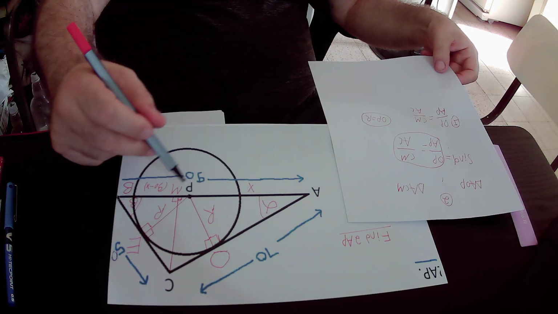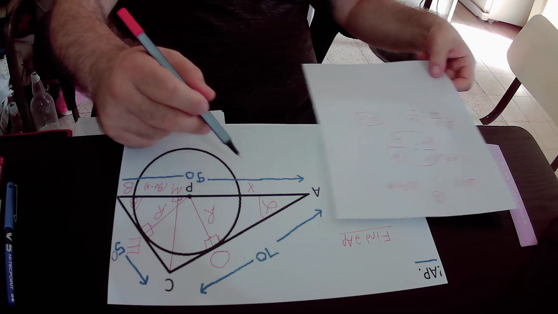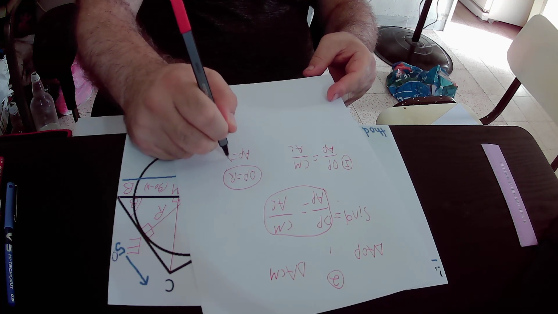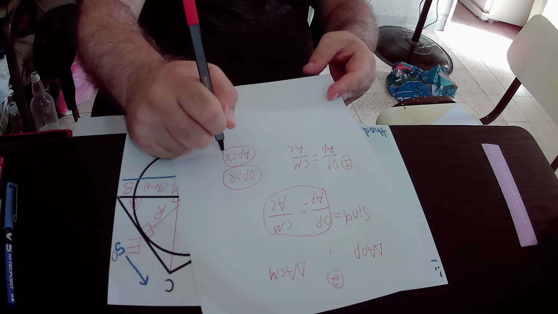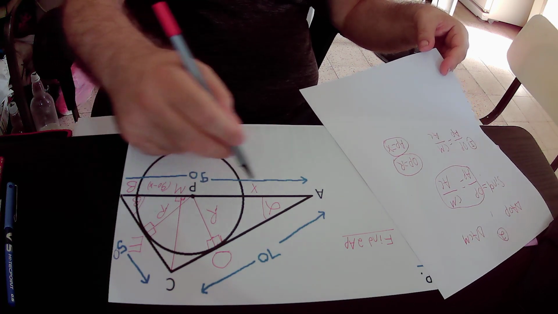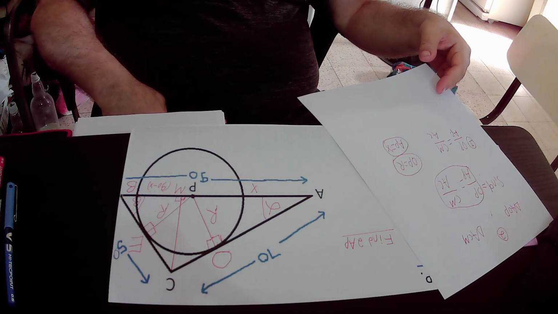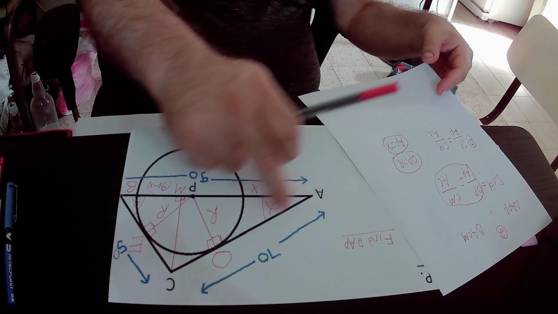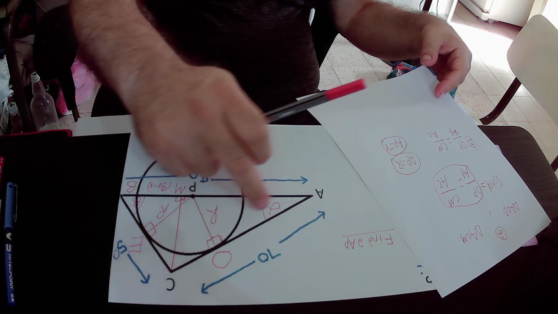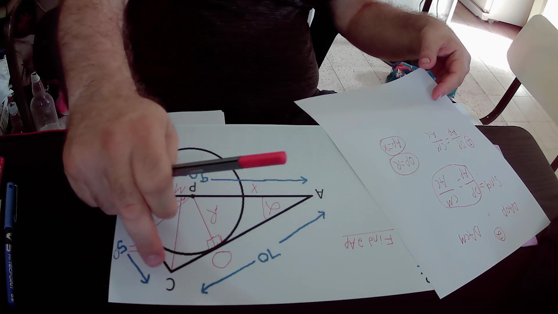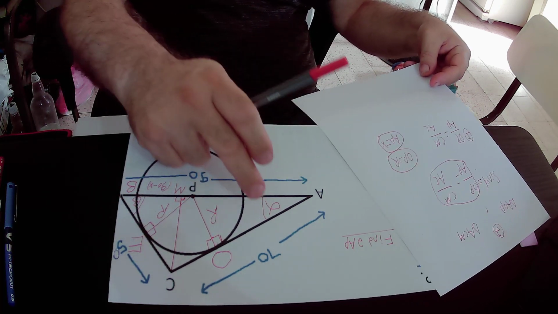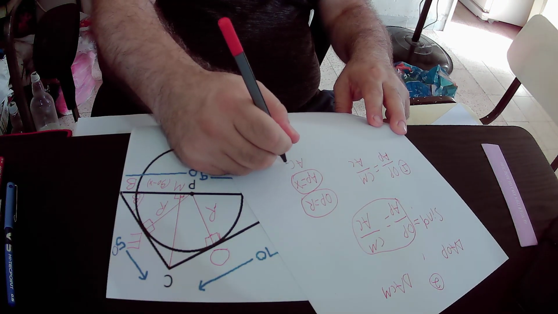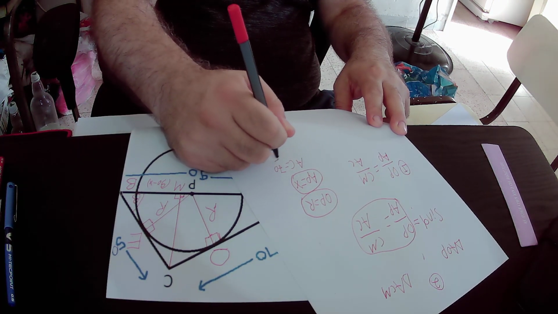AP is defined as X, so AP equals X. And AC is given to us, side AC of triangle ABC, and AC equals 70 units.